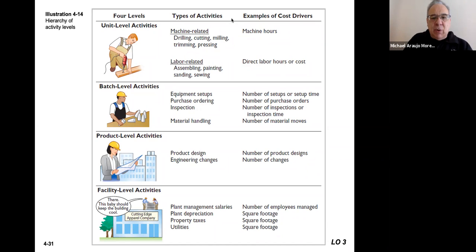And so all of those are important because you're going to have questions coming up that have you identify things as either unit level activity or a batch level activity or a product level activity or a facility level activity. So they're going to ask you to classify them in these parts. So these were examples of the cost drivers, again, examples of the activities in each of these categories or classifications.